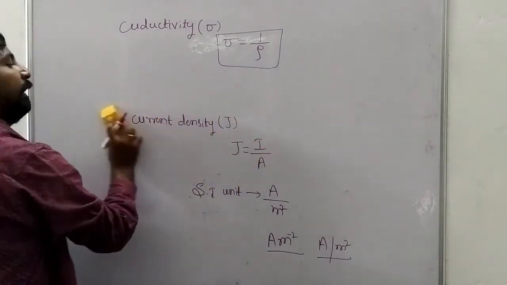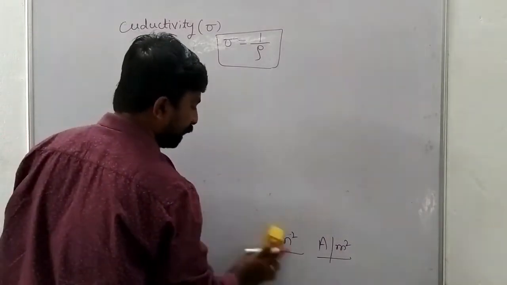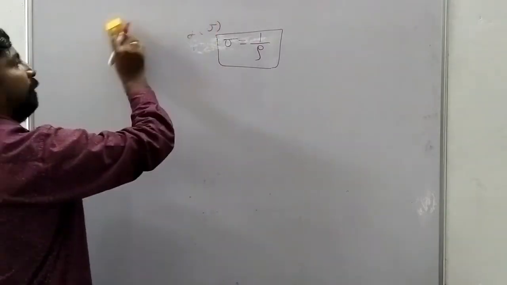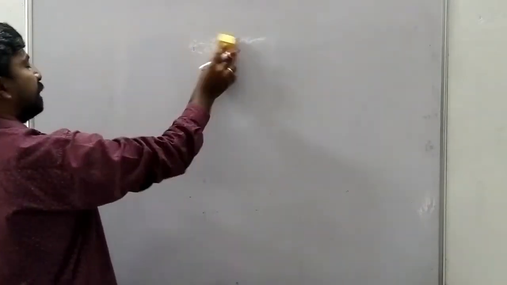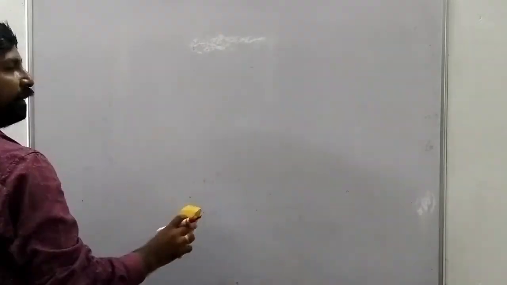So the next concept is, how does the resistivity of metals vary with temperature? The resistivity of metallic conductors is directly proportional to the temperature.